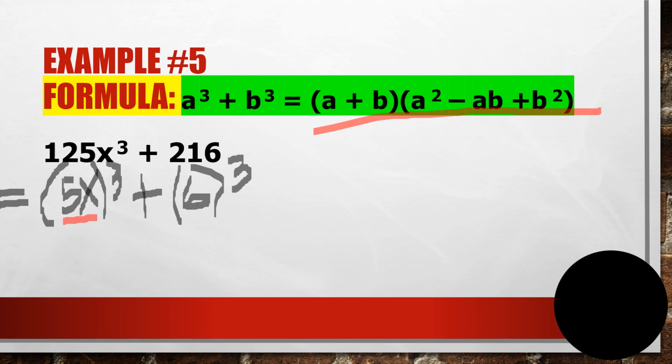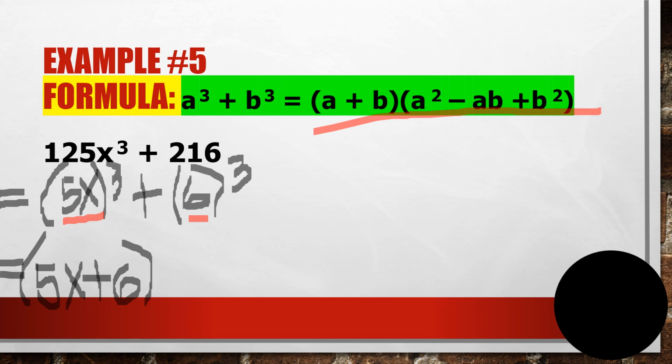This is our A and this is our B. Okay, equals A plus B. We have 5x plus 6.